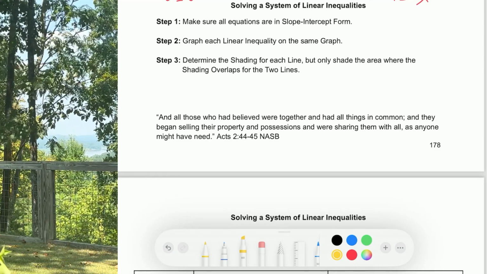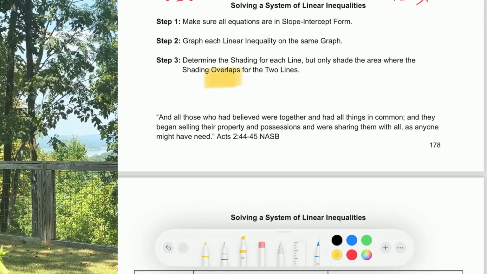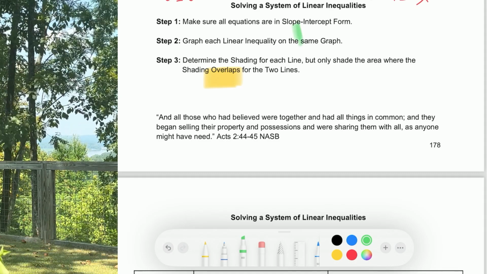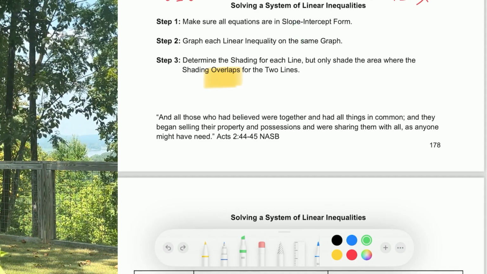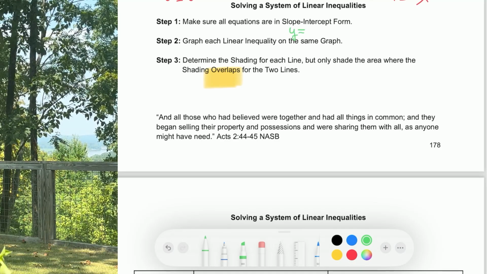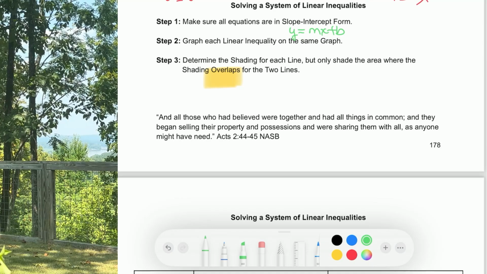So we're only going to keep the shading where it overlaps. I'm going to write up here real quick: slope-intercept form is y equals mx plus b. We always need our equations in that form to graph.